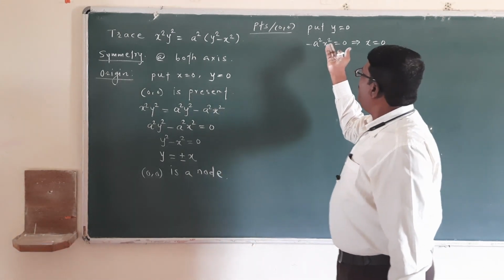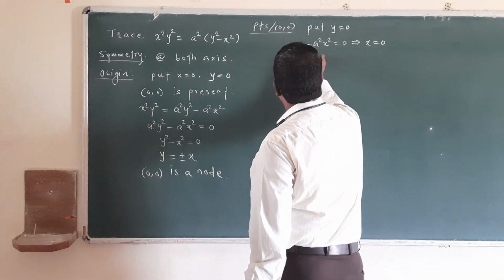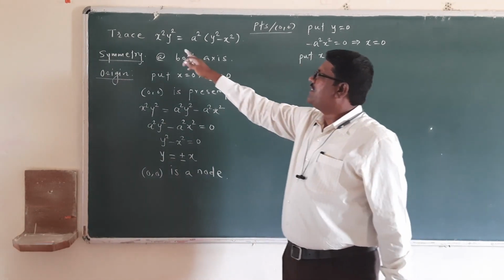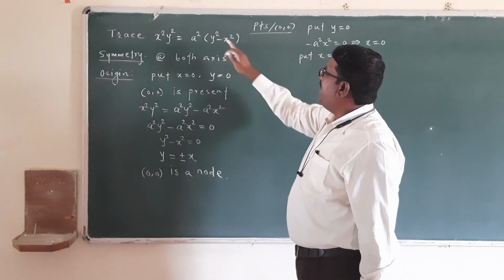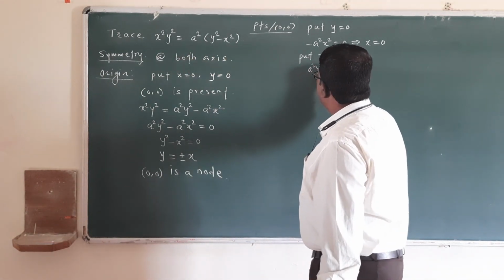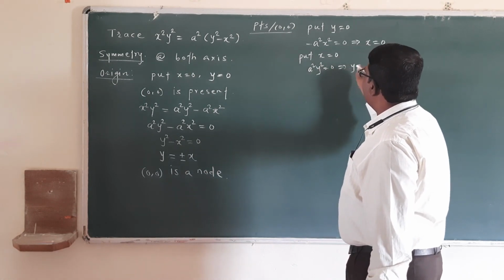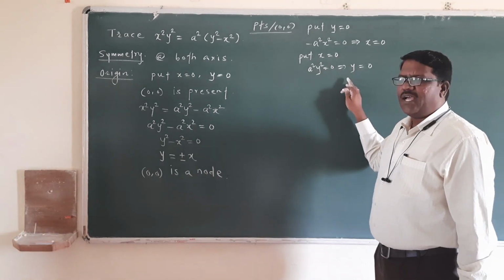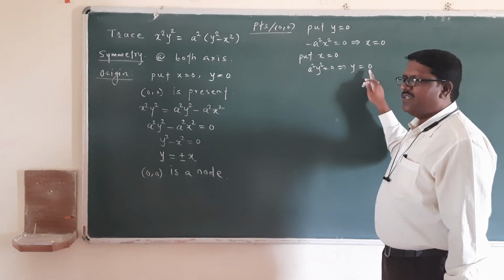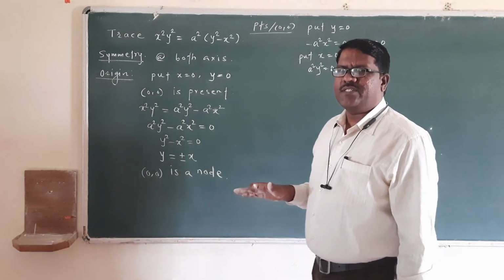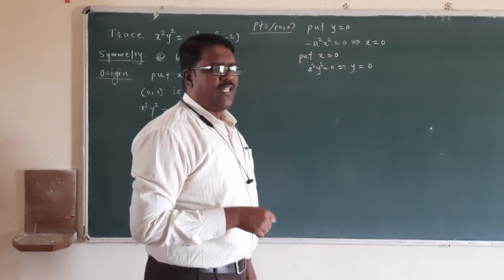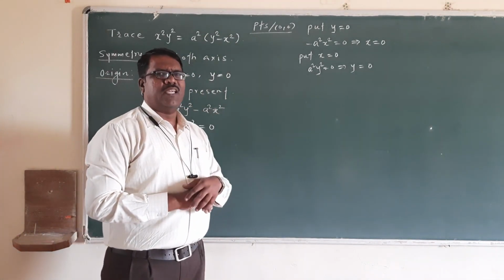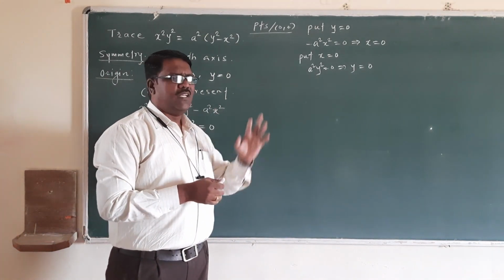To get the point on y-axis, put x is equal to 0, and when x is 0, LHS is 0, RHS is a square y square, which is equal to 0, implying y is equal to 0. Means for x 0, again we get y 0, and therefore there is no point other than origin. And if there is no point other than origin, it is not necessary to calculate the equation of tangent at the points other than origin.